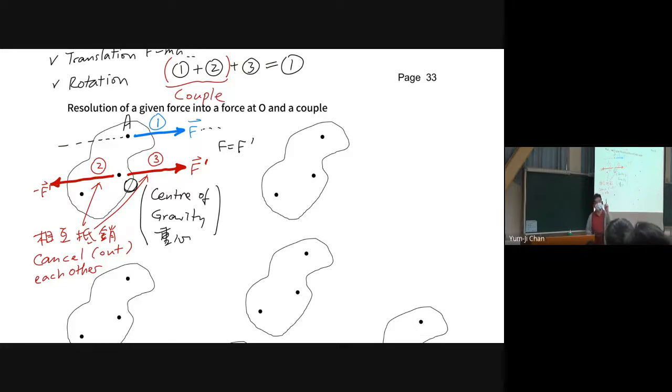If we only look at forces 1 and 2. So this one is now alone, and this is a force.